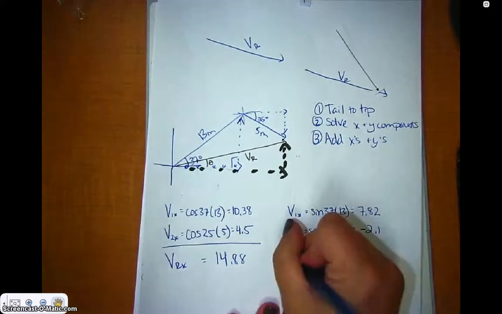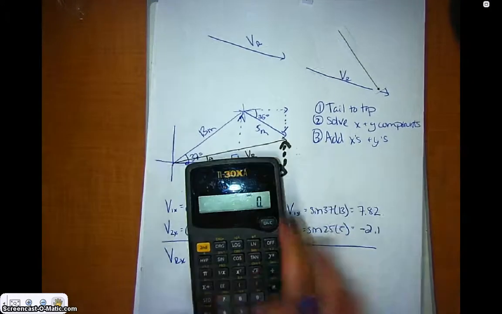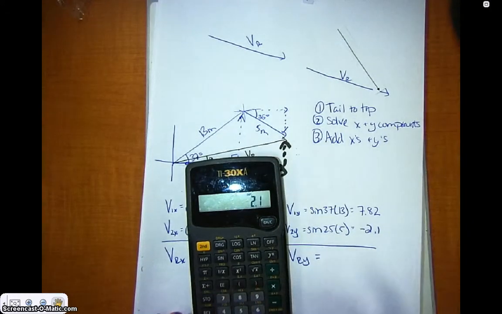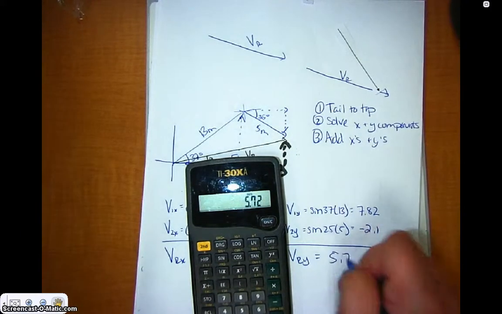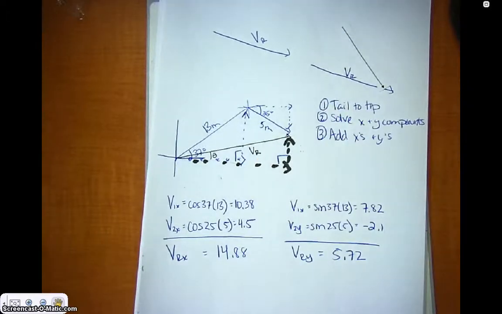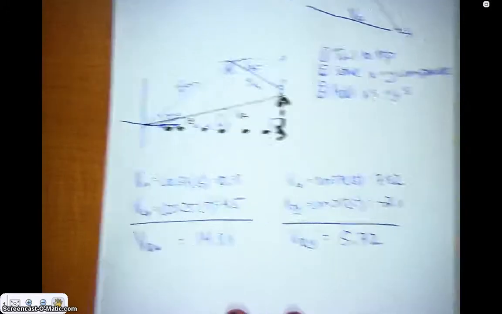And then my vector resultant y is going to be 7.82 plus 2.1 and then negative, so naturally subtract. So that would be 5.72. That gives me two sides of the right triangle that makes up my resultant vector.